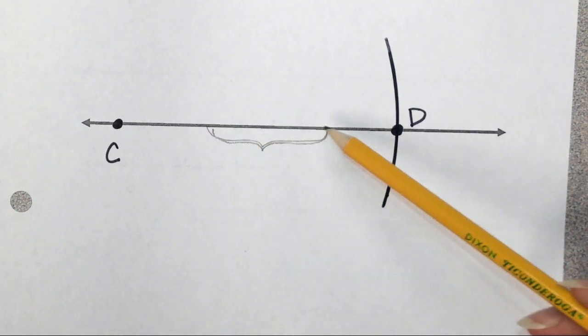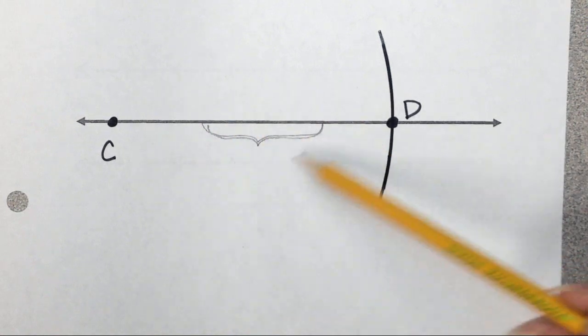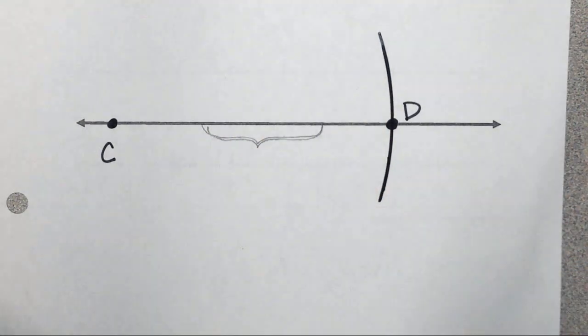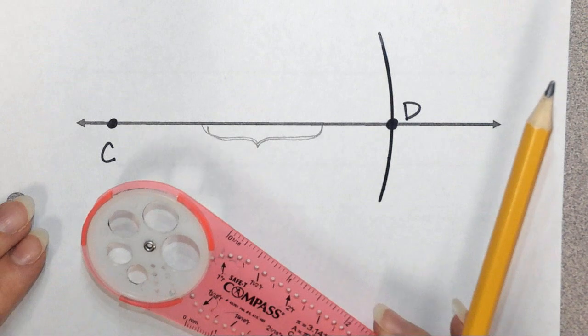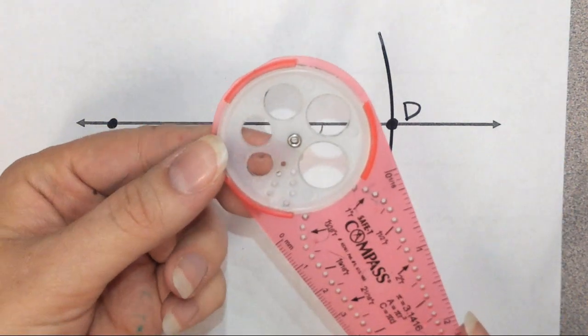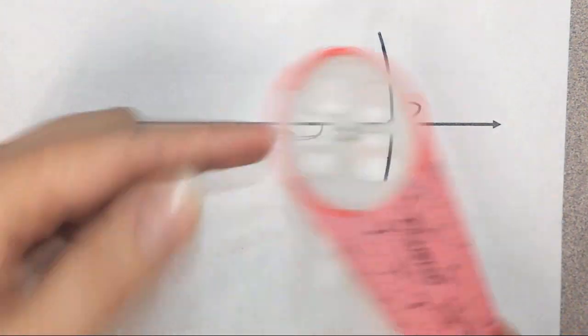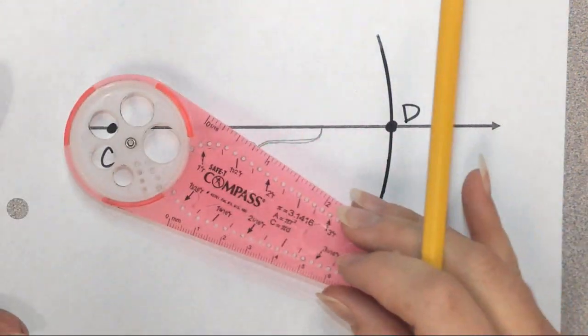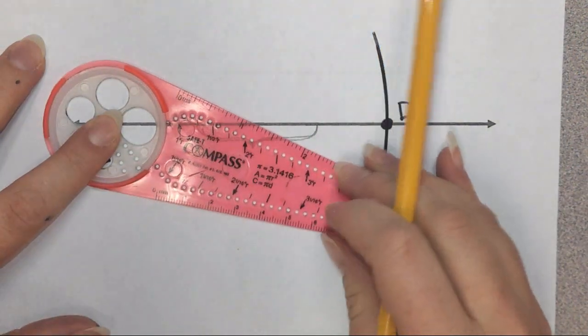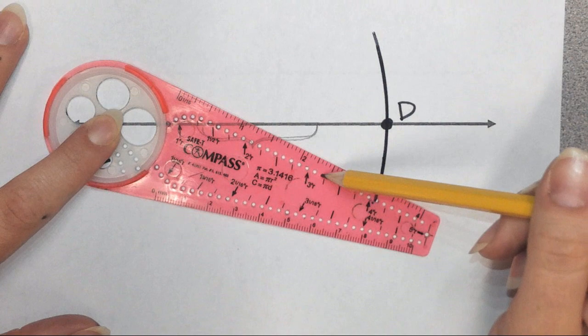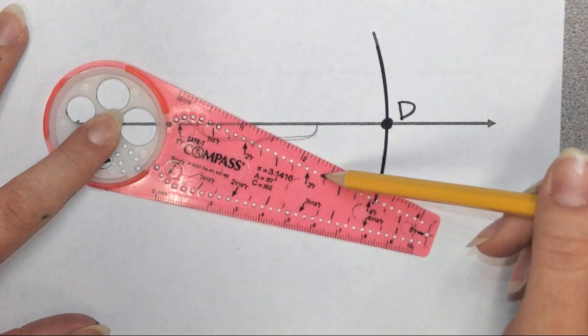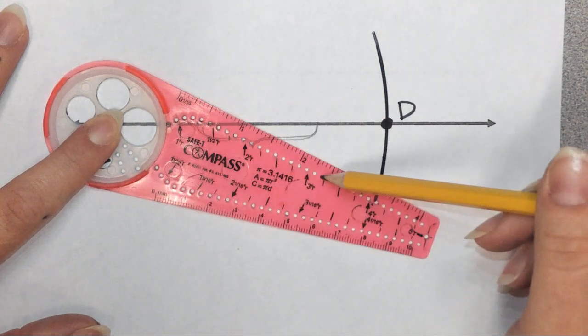Once you've figured out what general area you think the midpoint is in, that's where the compass is going to come in. You're going to take your compass and place the center bracket on top of point C. Then you're going to choose a length to create an arc.